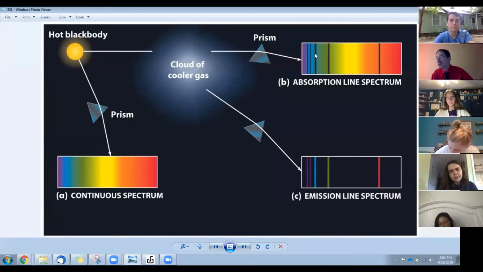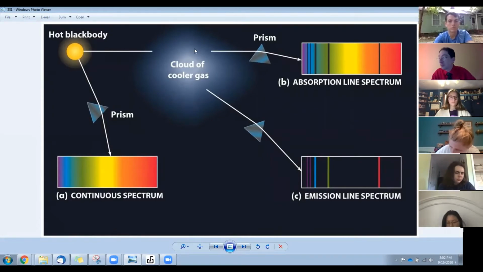It's light, so you can describe it as frequency, wavelength, or energy. So at particular places, particular colors, you're missing the light, and it's because it was absorbed by that cloud of gas. Since these are really narrow, we call them lines, and this is an absorption line spectrum. And as we'll learn, it will have to do with how atoms behave, atoms in this cloud of gas.